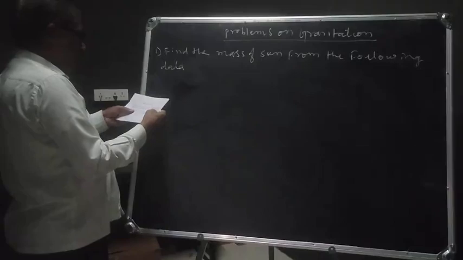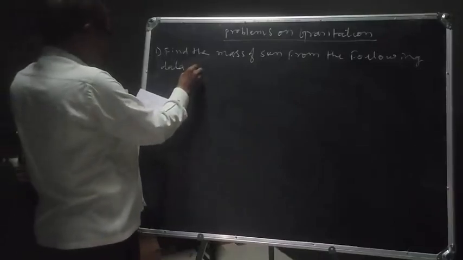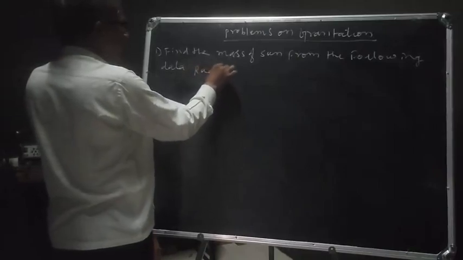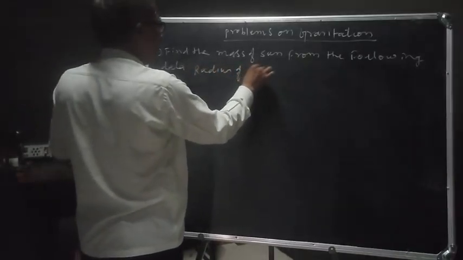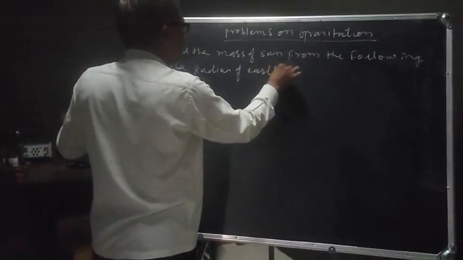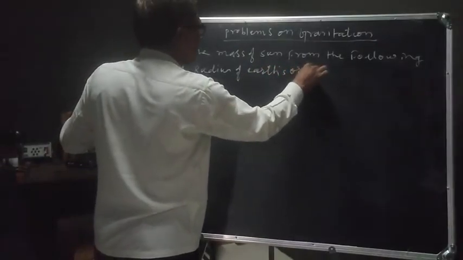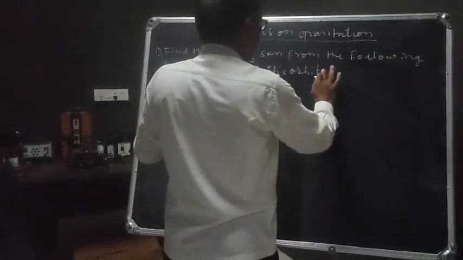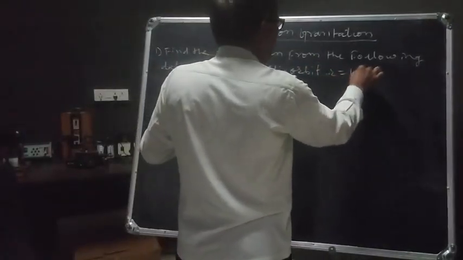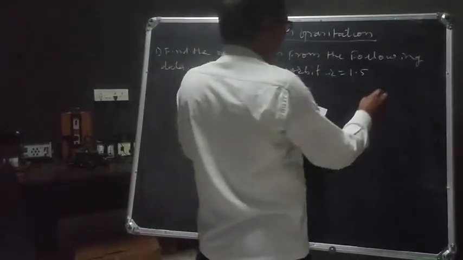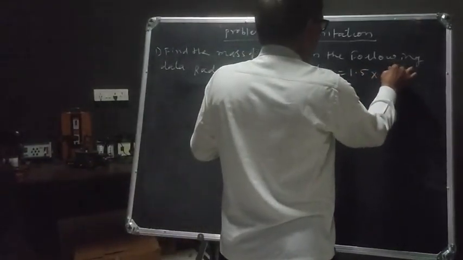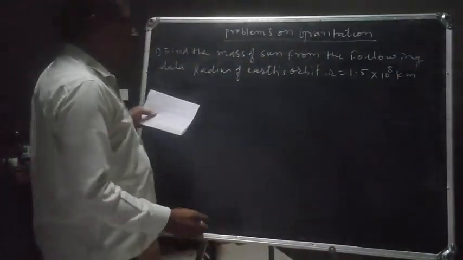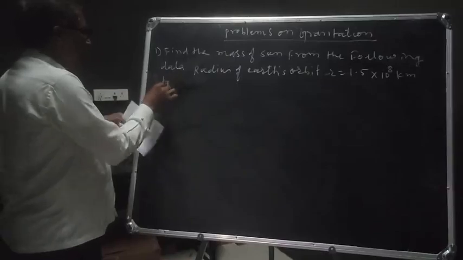Here, the radius of Earth's orbit is given, and it is r equals 1.5 into 10 raised to 8 kilometer, and the value of G is also given.